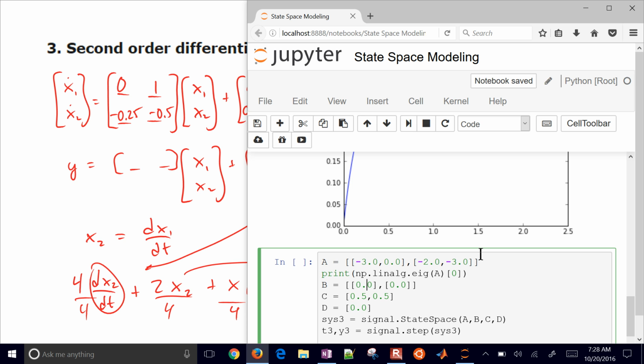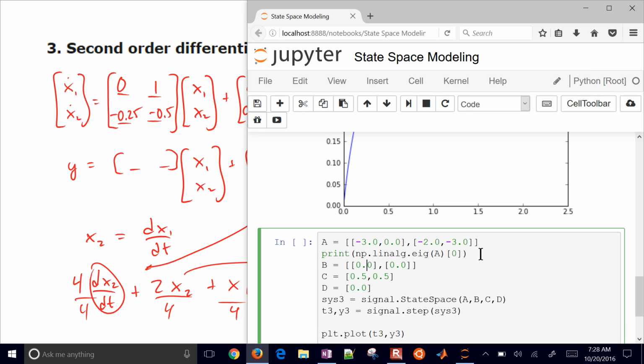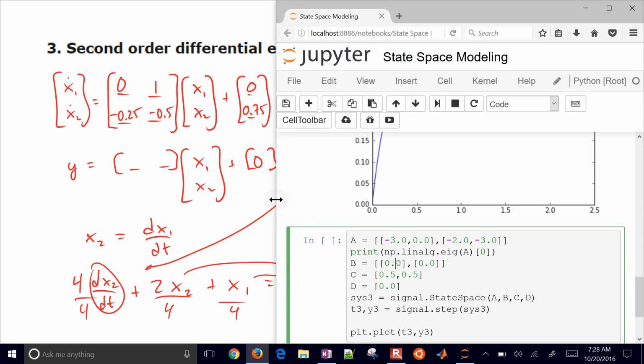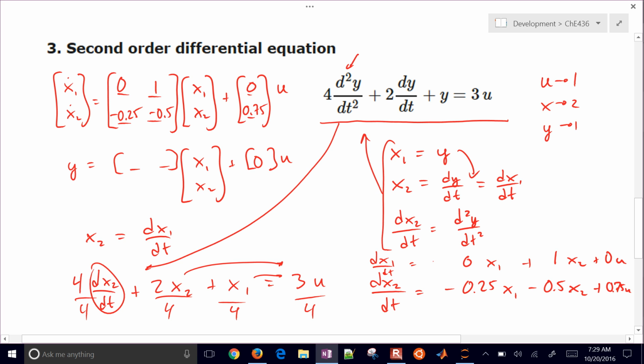Let me just change some of these. 0, and then let me move this over just a little bit so we can see it. 0.75, and then up here we had 0 and 1, and then negative 0.25, negative 0.5. And then let's get back down here to the y.